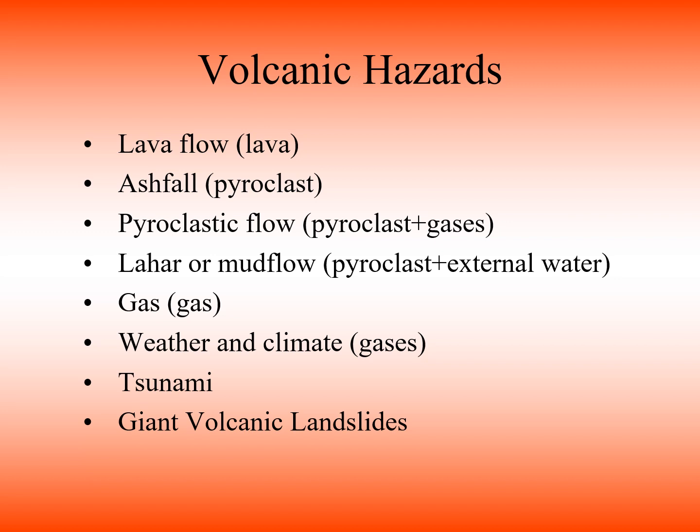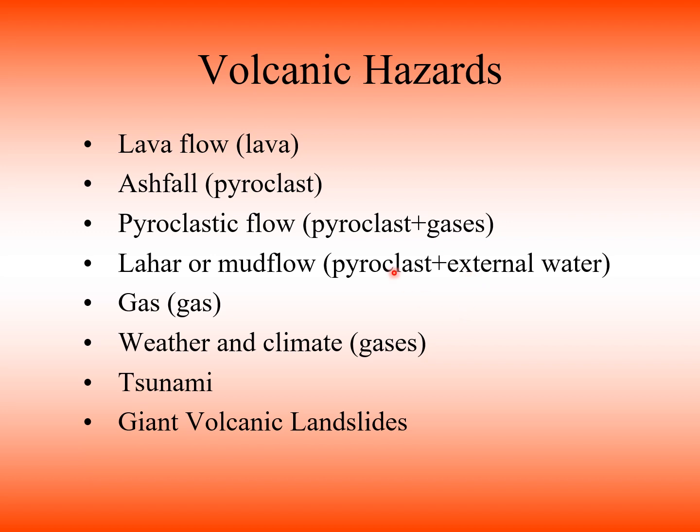A quick overview, and then I'll dive into each one. We have lava flows, ash falls, pyroclastic flows, and that's a mixture of pyroclasts and gas. We have lahars or mud flows. This is when you get pyroclastic material, hot gases, and superheated external water rushing down the side of a volcano. You can think of this like a boiling hot mud flow.